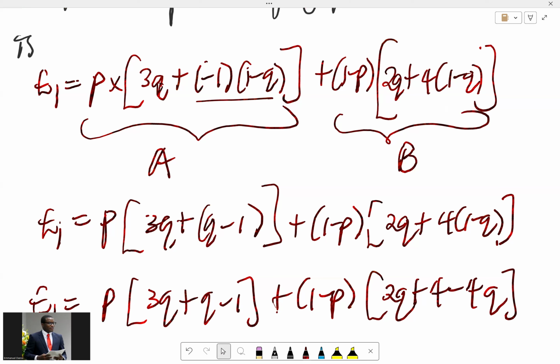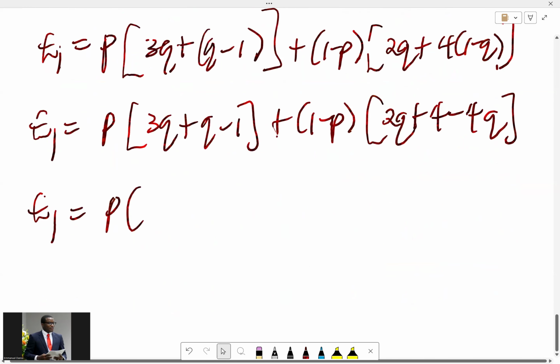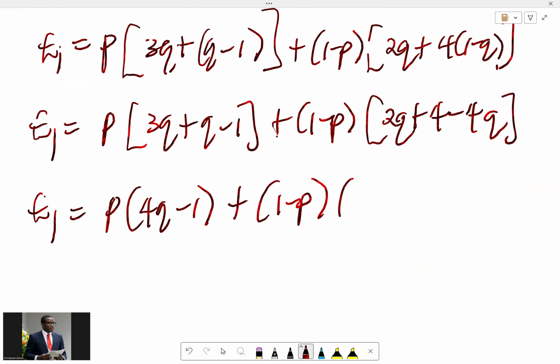So P into 3Q should be minus 1 plus and minus minus, so minus 1 plus Q. Yeah, I think that's good. So this is 2Q minus 4Q plus 4. So P into 3Q plus Q is 4Q minus 1, plus (1 minus P) into 2Q minus 4Q, which is minus 2Q, so this is like 4 minus 2Q.